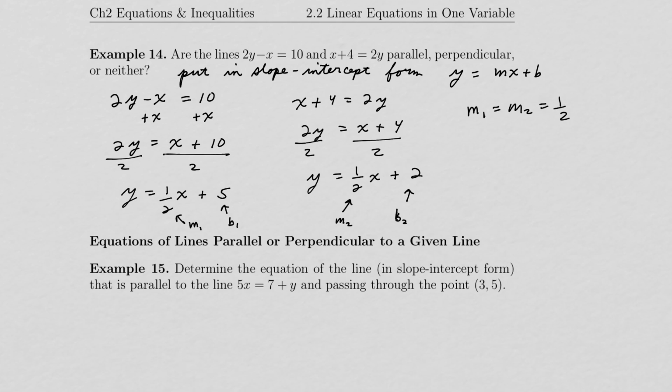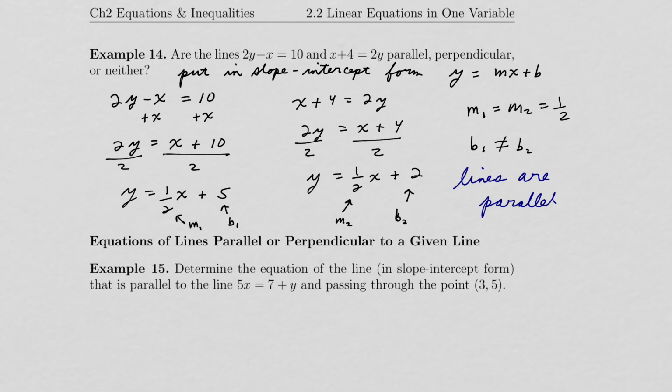And then b1 is not equal to b2. So they have the same slope, but different y-intercepts. So what does that mean? It means these two lines are parallel. If you were to plot these lines, you would find that they're both parallel. They never intersect.